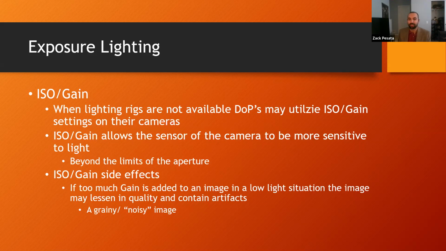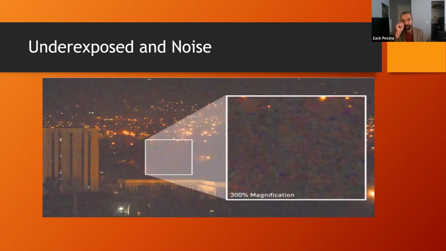So, ISO/gain side effects. If too much gain is added to an image in a low light situation, the image may lessen in quality and contain artifacts. You receive a grainy, noisy image, which looks much different than the nice grain that we were seeing in those film stock examples. It looks something like this.